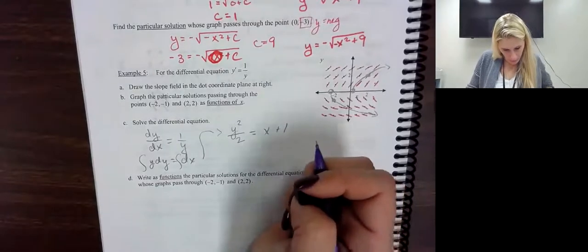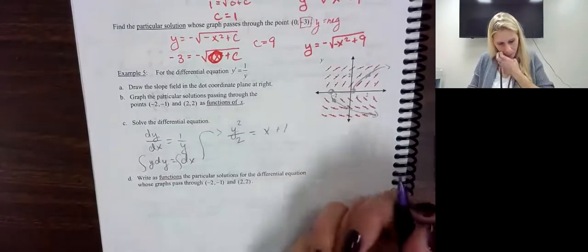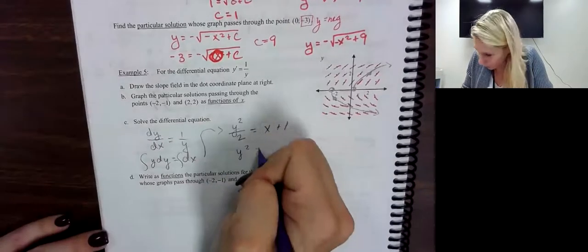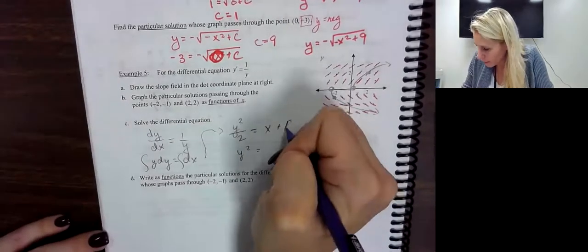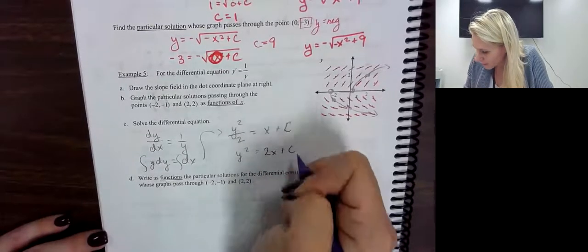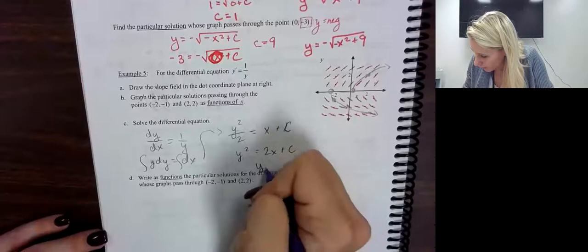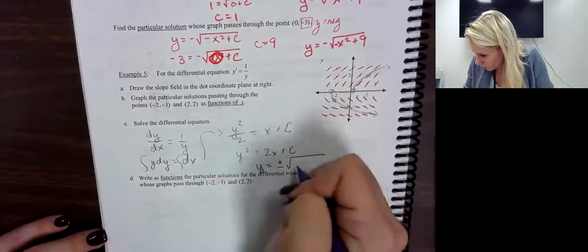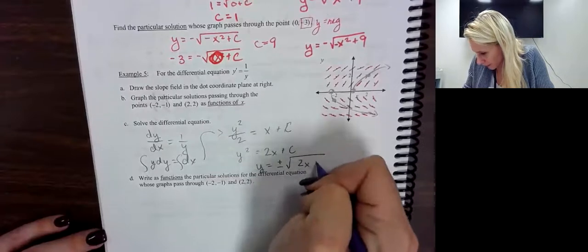Multiply by 2, we get y squared equals, why did I say 1? This should be c, guys. 2x plus c. Take the square root. We get y equals plus or minus square root of 2x plus c.